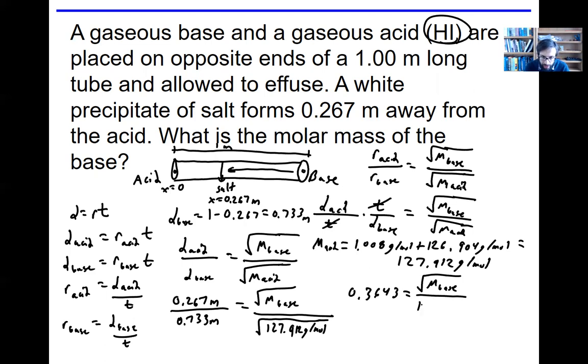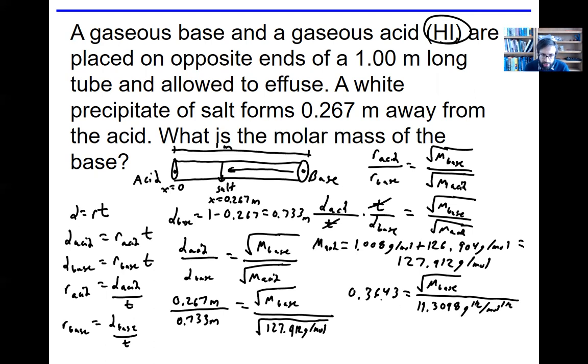And then we have 11.3098 grams square root divided by mole inverse. Why did those become half square roots there? Because we square rooted them. So technically that's what the units are.